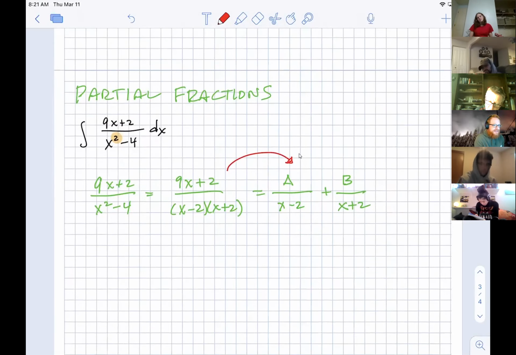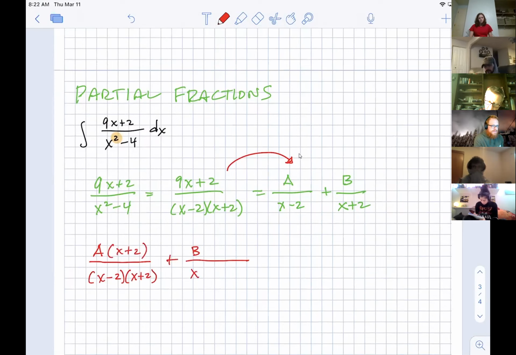Well, if this is going to be true, then to get a common denominator, don't you have to multiply this one top and bottom by x plus 2? Hey, look, they have a common denominator. And this one over here, top and bottom by x minus 2. Isn't that what it takes to add fractions? There, look, they have a common denominator. Now I can add them.